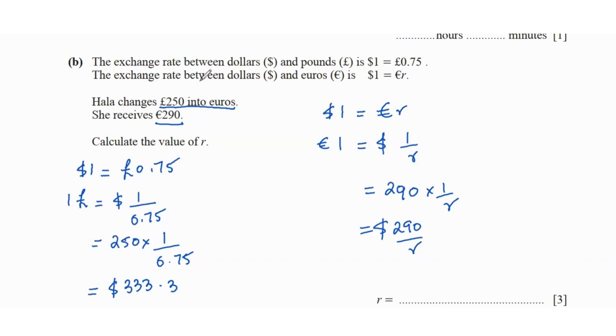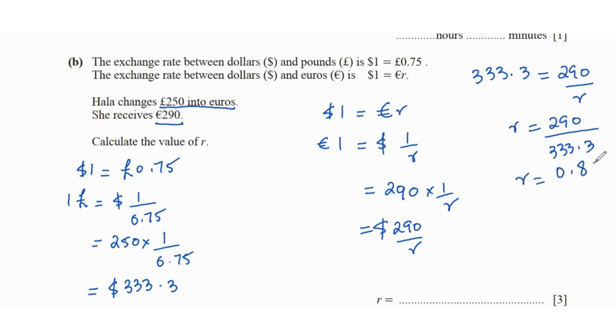And that 250 pound gave her 290 euros, which means all these three quantities are the same in value, but they're in different currencies. So 333.3 equals to 290 over R. R equals to 290 divided by 333.3, and that is equal to 0.87. So that is your value of R.